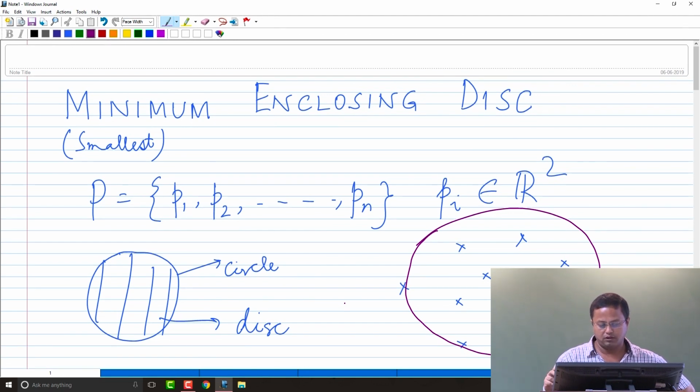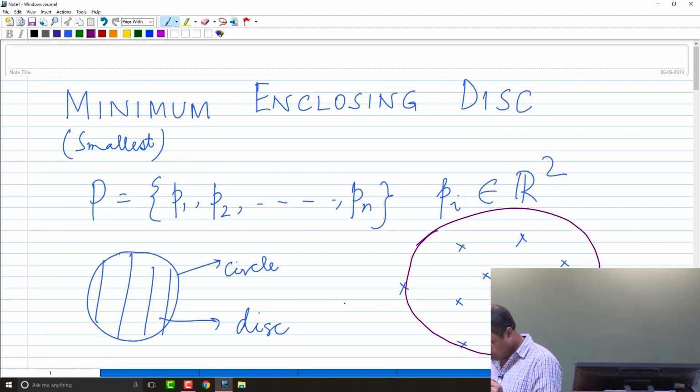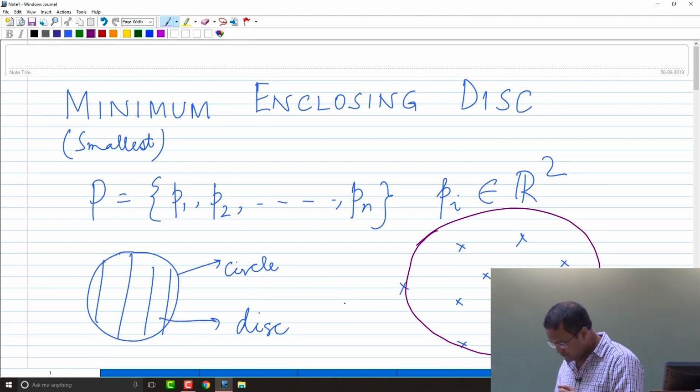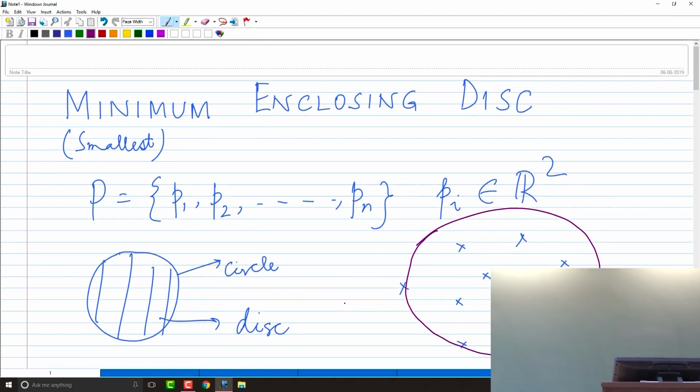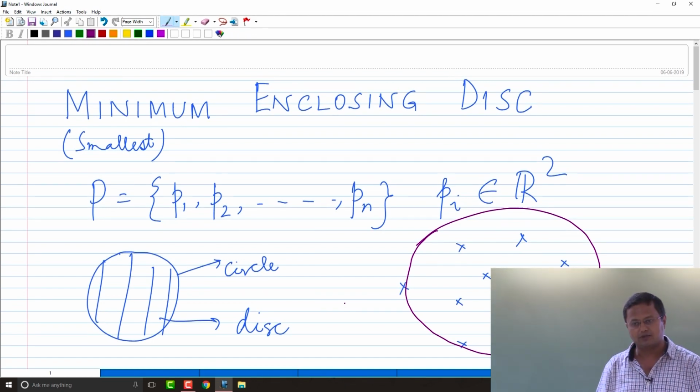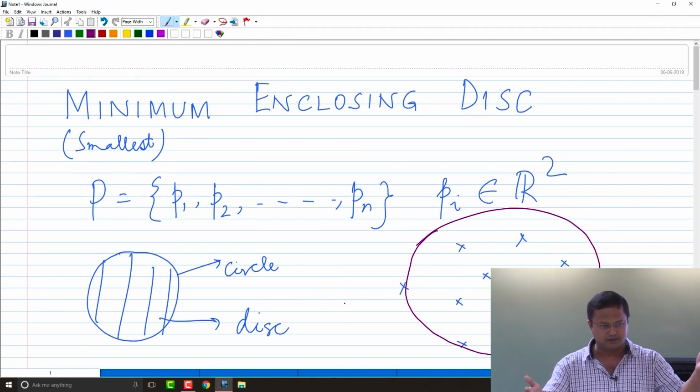Now, see, there are problems in geometry that are more of an aggregating property. For example, a very simple one is that you want to compute the centroid of a set of points, right.